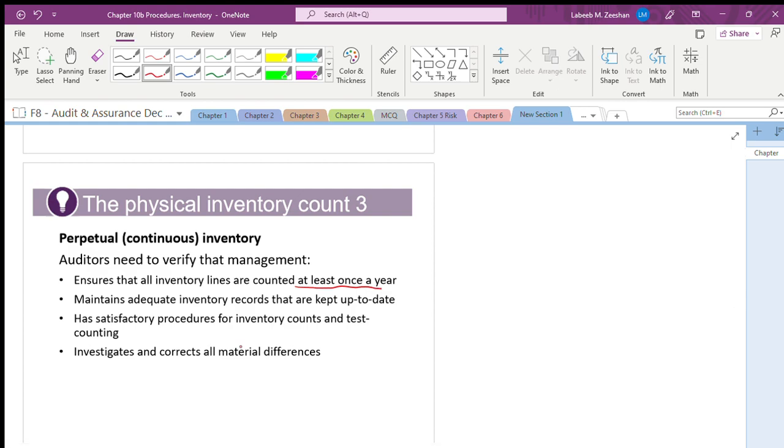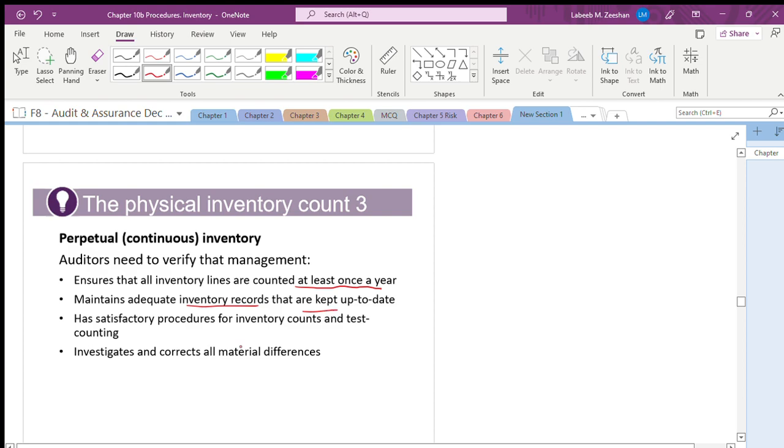Auditors need to verify that management, this is the job of the management, ensures that all inventory should be counted physically against the register at least once in a year. The second point, maintains adequate inventory records that are kept up to date.